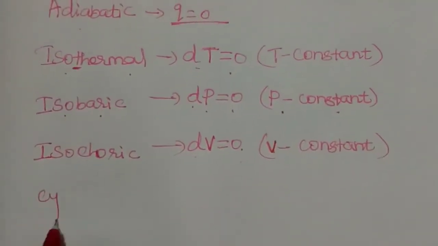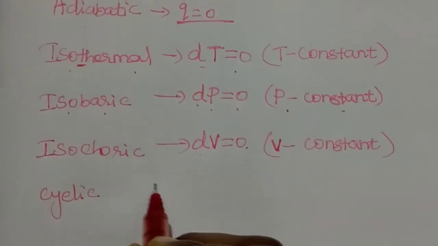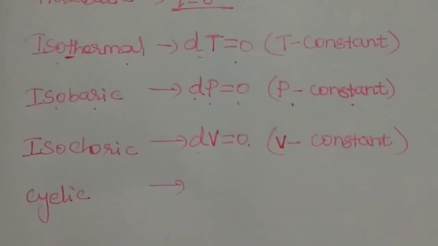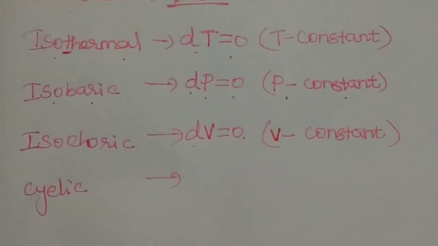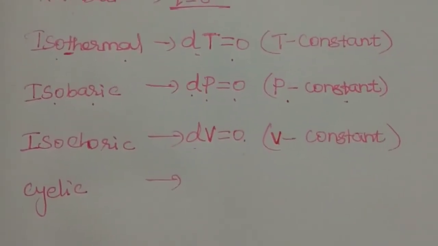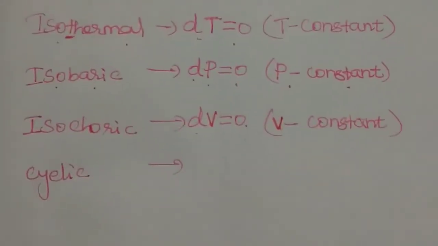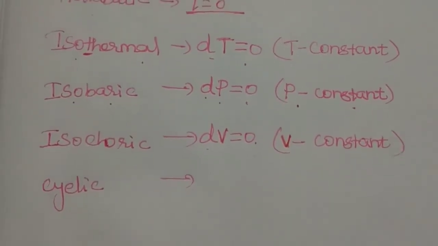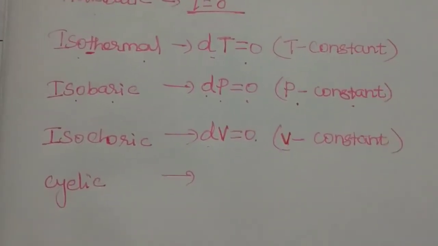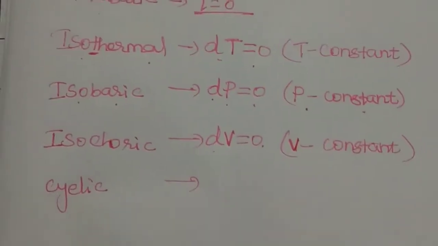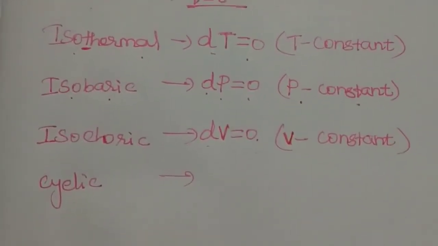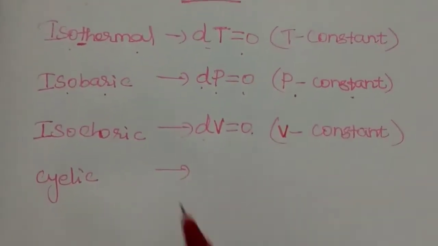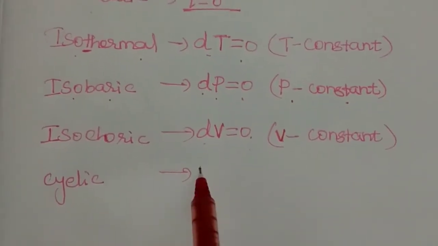Then the last one, cyclic process. You know that cyclic process means a system returns to the original state after completing many steps with many changes, but it returns to the same initial stage.